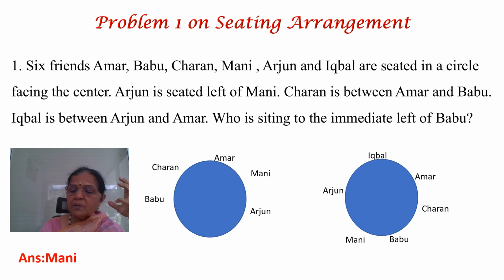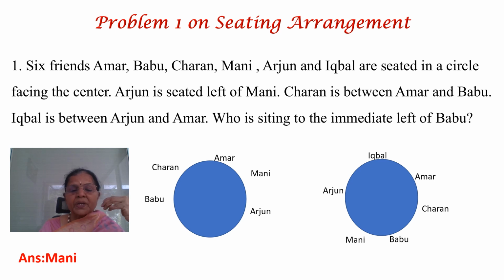The first time itself, you may not get the right answer because 2 conditions you will fulfill, but the third condition cannot be fulfilled with that diagram. So in that case, you have to draw it twice. That is why I have drawn it 2 times by changing the position.